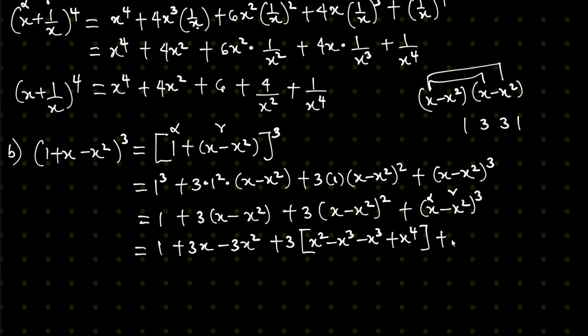So carefully, okay, alpha to the power of 3, that is x to the power of 3 plus 3 x to the power of 2. Now gamma begins to come up, minus x squared.